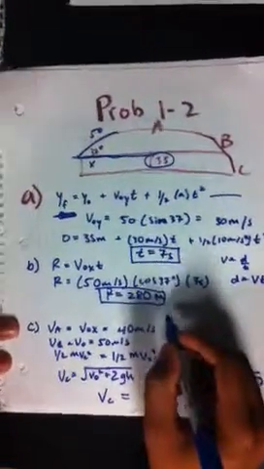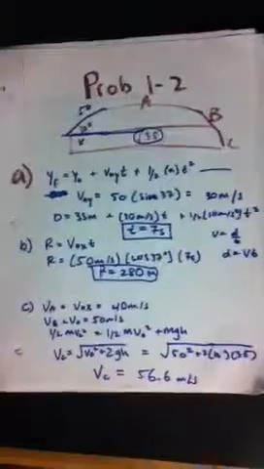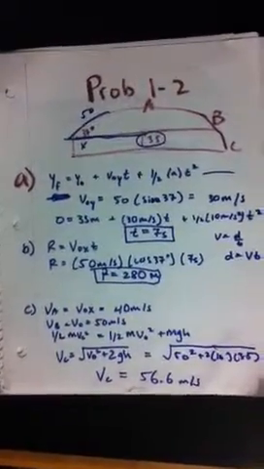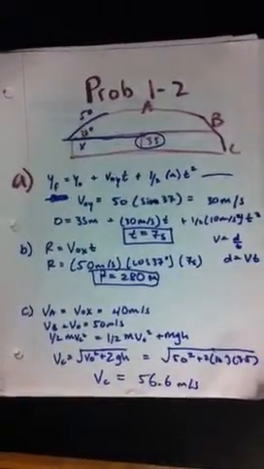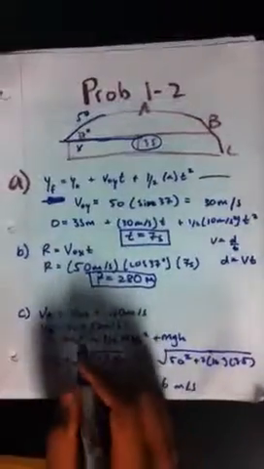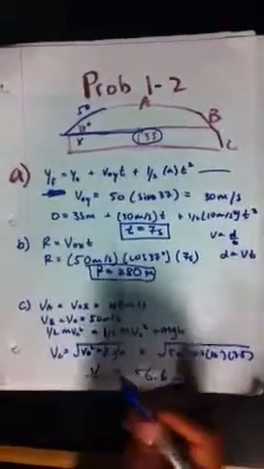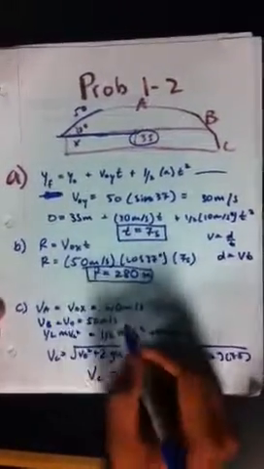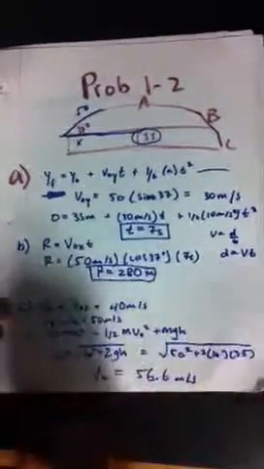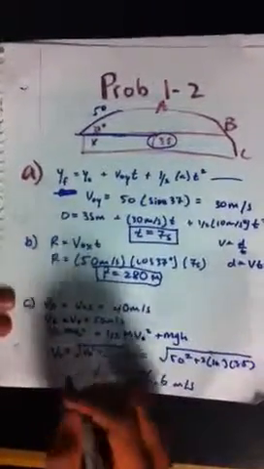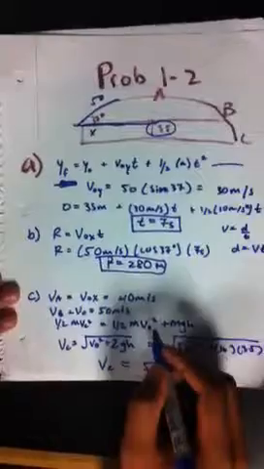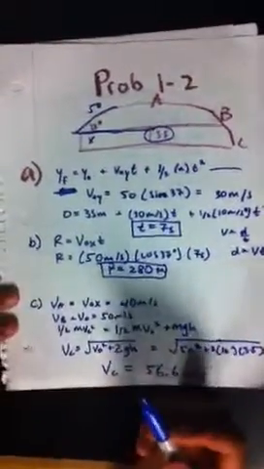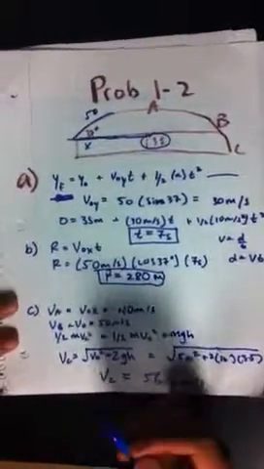and you get a distance of 280 meters. For part C, it says calculate the speed of the projectile motion at points A, B, and C. The velocity at A is just the x component of the velocity, which is 40 meters per second, and the velocity at B is equal to the initial velocity, which is 50 meters per second. To find the velocity at C, we have to use the law of conservation of energy.